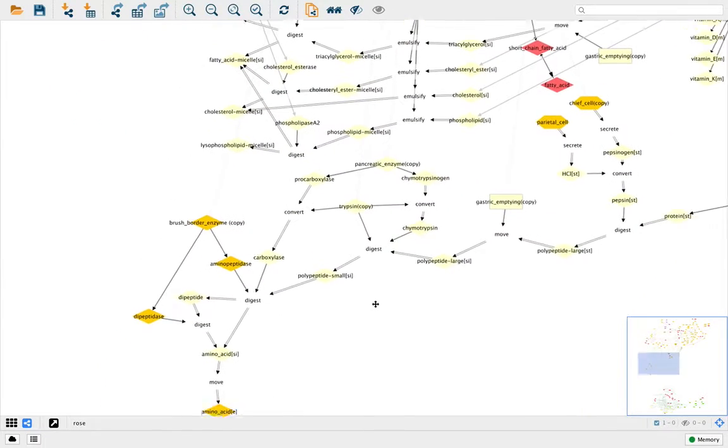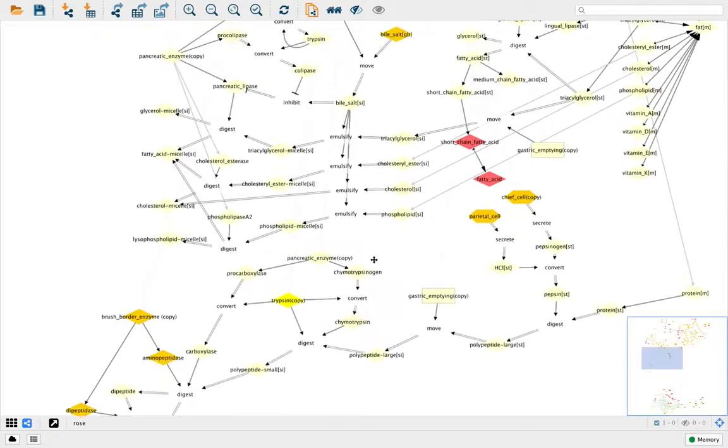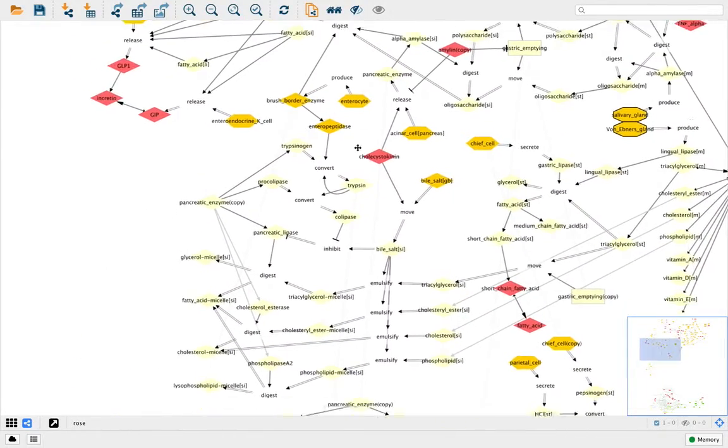And here trypsin also has a role in the activation of chymotrypsinogen into chymotrypsin and procarboxylase into carboxylase. So trypsin has a total of 4 roles until now.